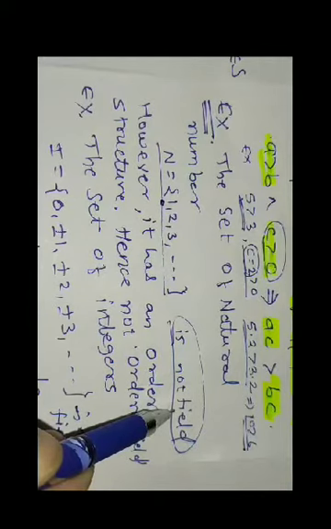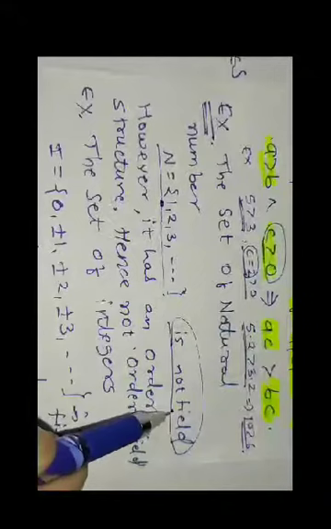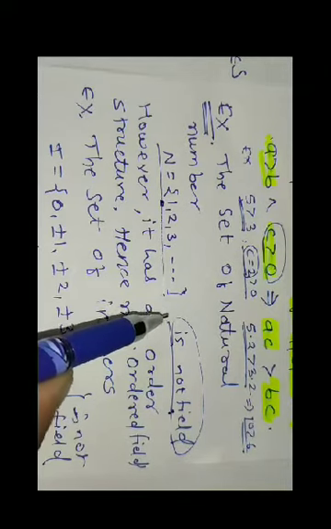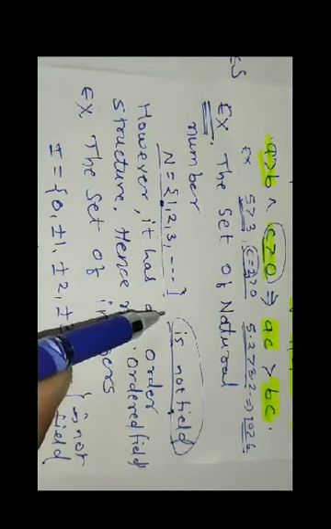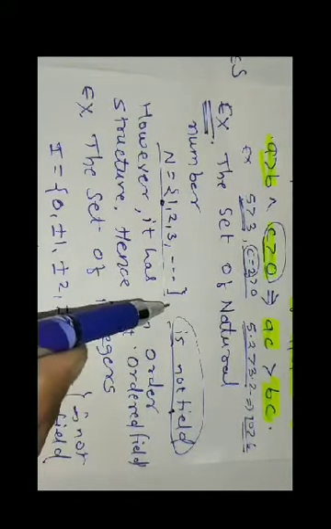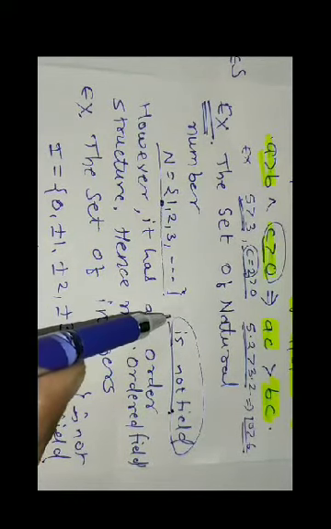The set of natural numbers is not a field because it has no identity element, no inverse element with respect to addition and so on.